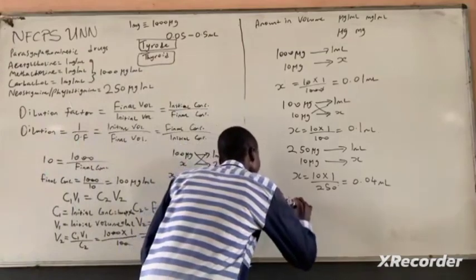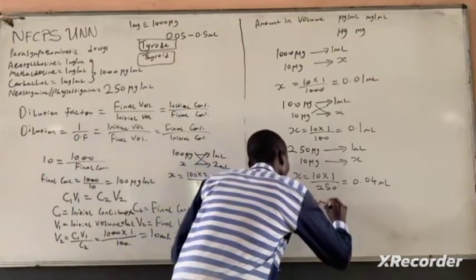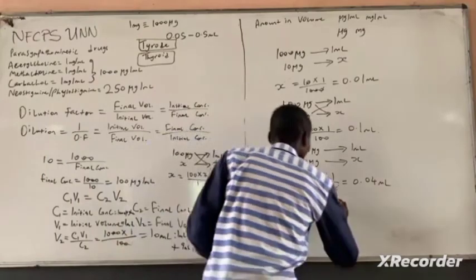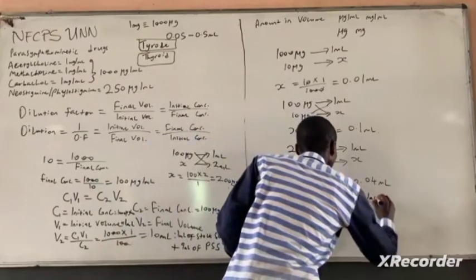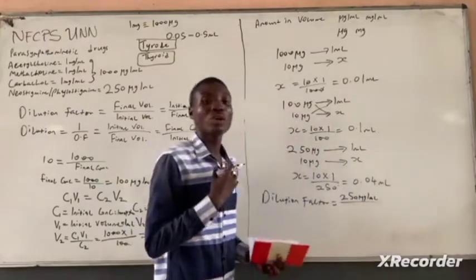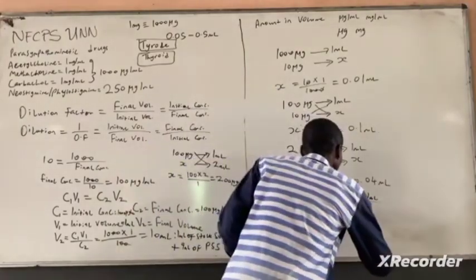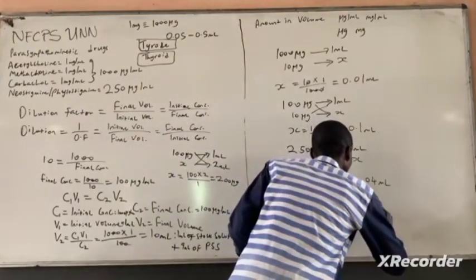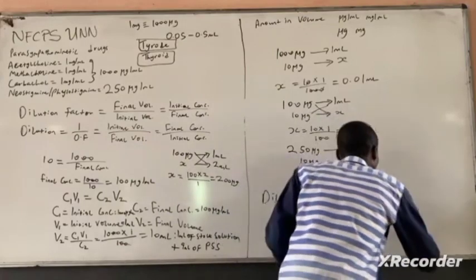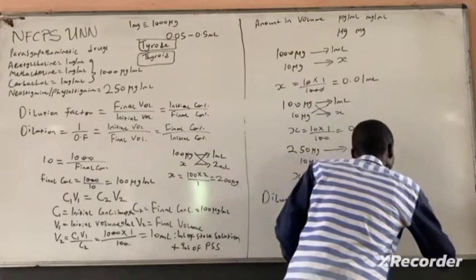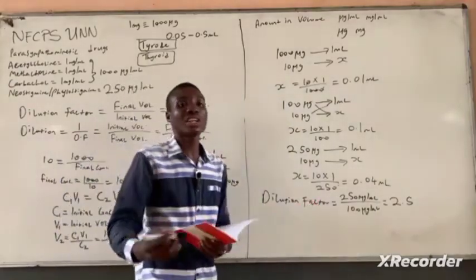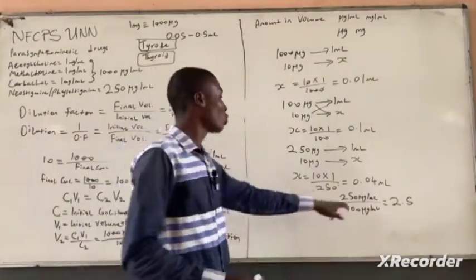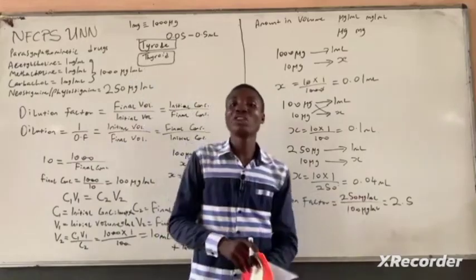Dilution factor: the initial concentration is 250 microgram per ml, and the final concentration we want is 100 microgram per ml. So when you divide that, you have 2.5. So it simply means that we are going to be doing a 2.5-fold serial dilution. Automatically, we're going to reduce 250 microgram per ml to 100 microgram per ml.